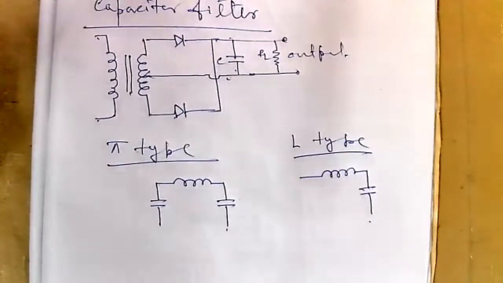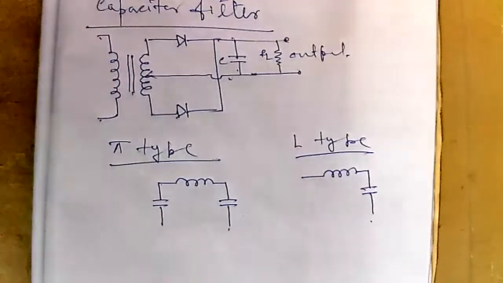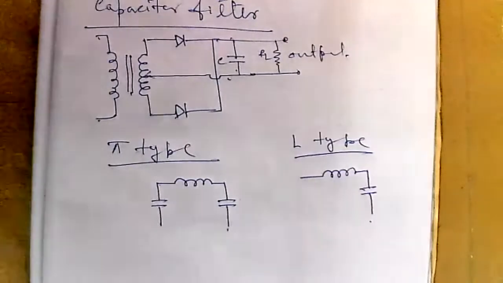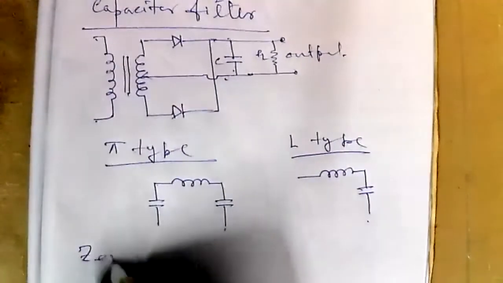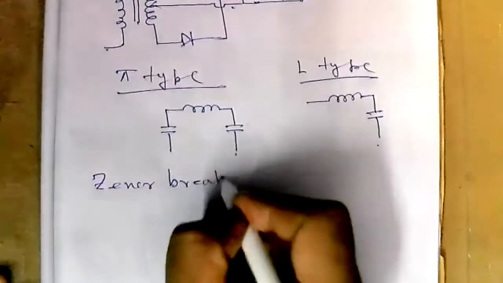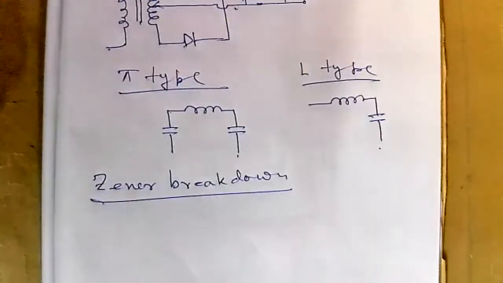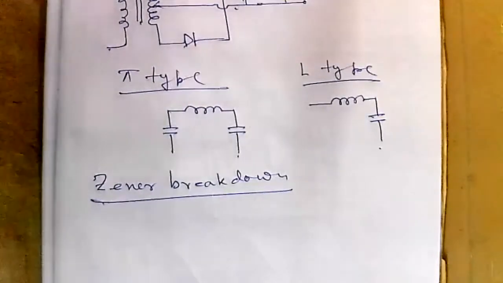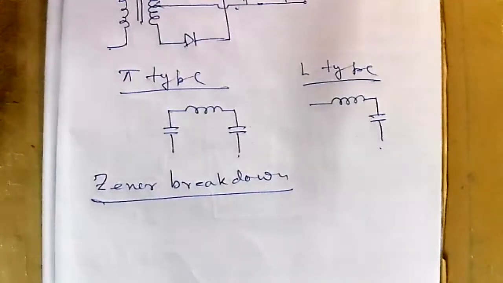Now, as I mentioned, when the diode is connected in reverse bias, there is a breakdown at a certain voltage, which is called Zener breakdown. This process occurs in a heavily doped junction diode.